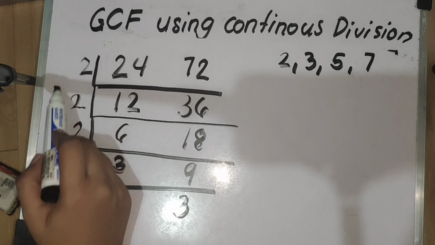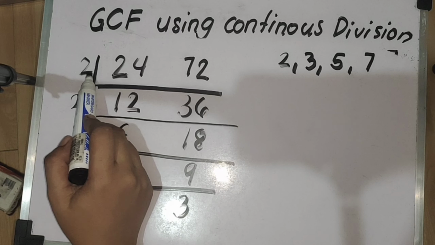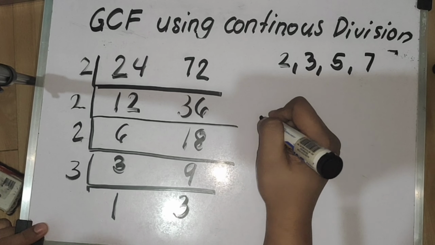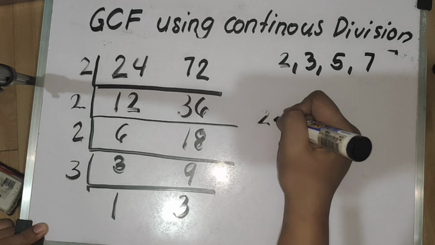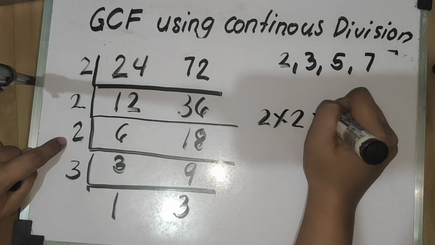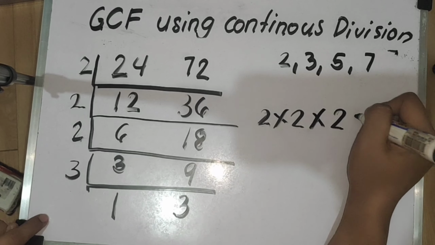Itong mga divisor na to, ang kukunin natin ngayon as our GCF. So, paano natin sila kukunin? So, we will multiply them all. So, 2 times 2 times 2 times 3.